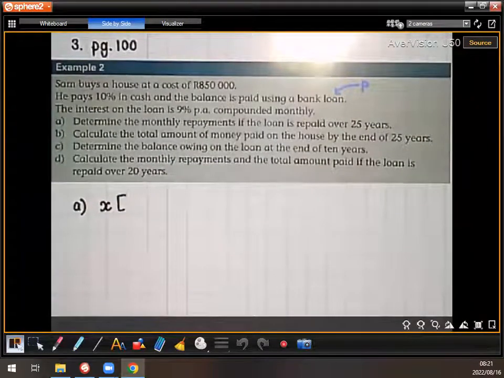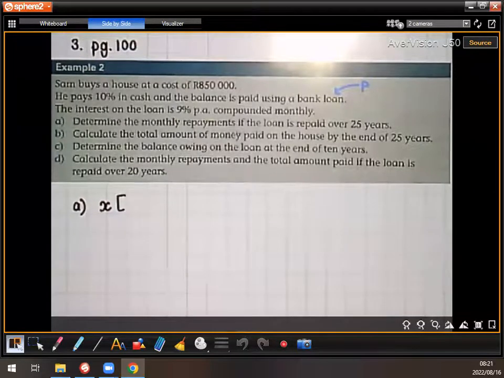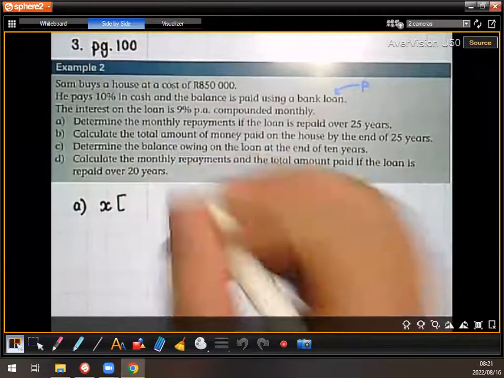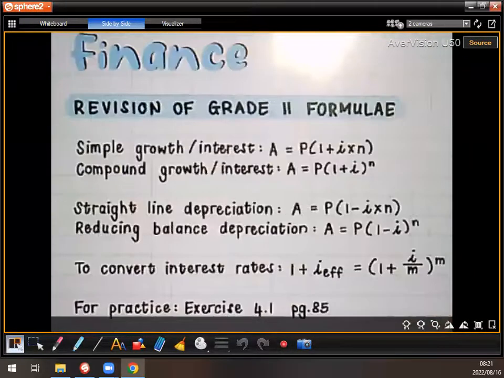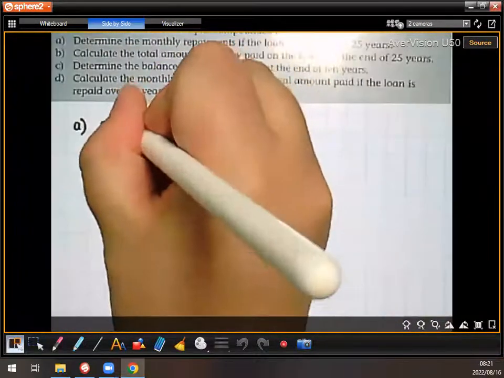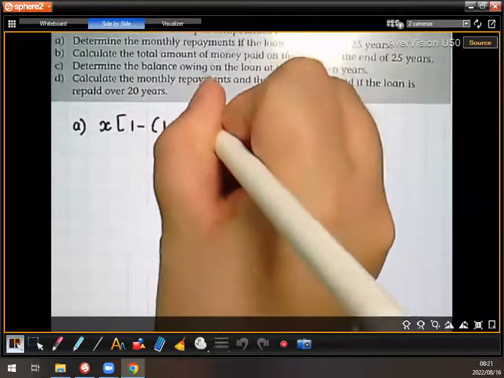Let me just make sure I'm using the correct formula. Okay, so this is now 1 minus bracket 1 plus I to the power of negative n.